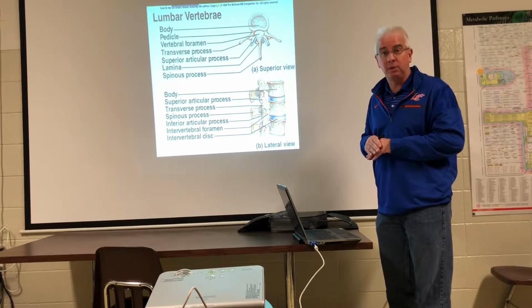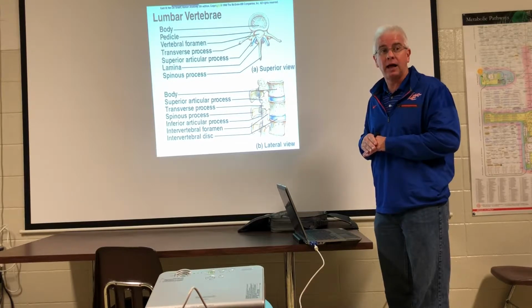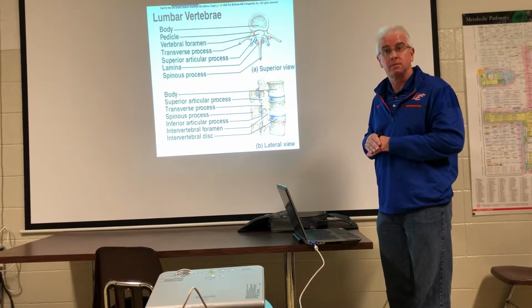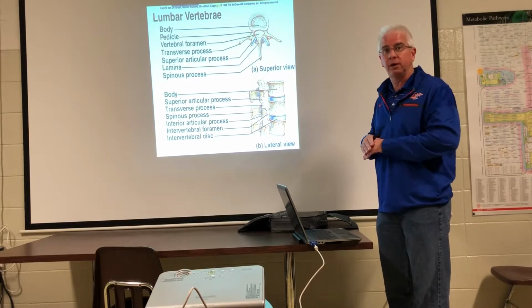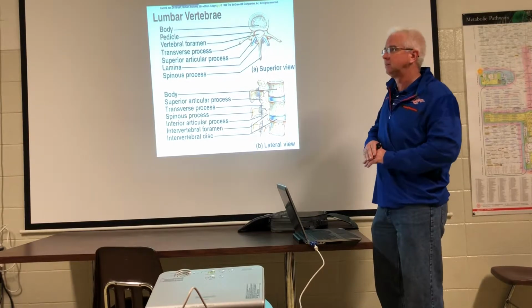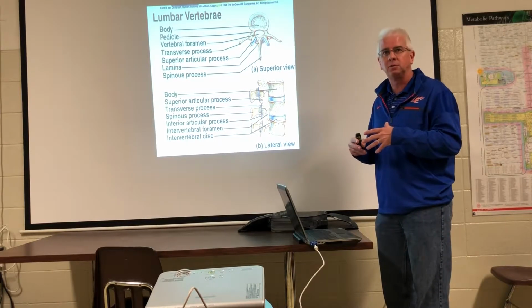And they conceivably form a joint that does allow for some lateral movement. Not much, but a little bit. They are certainly potentially flexible there. There's this kind of flexibility in those joints. There's medial and lateral movement possible here.